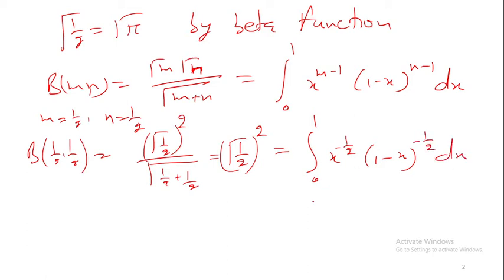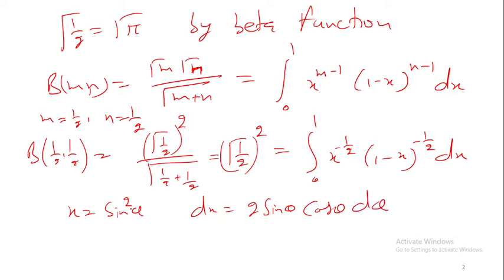Now in that equation, if I put x equal to sine square theta, then dx is equal to 2 sine theta cos theta d theta.